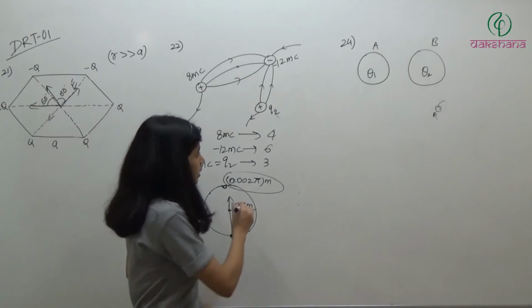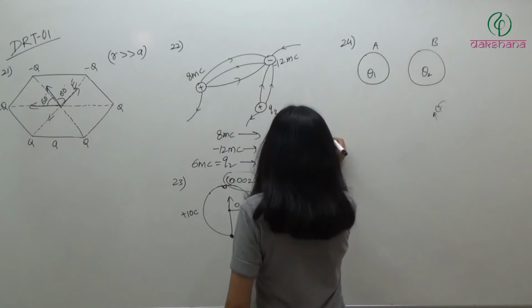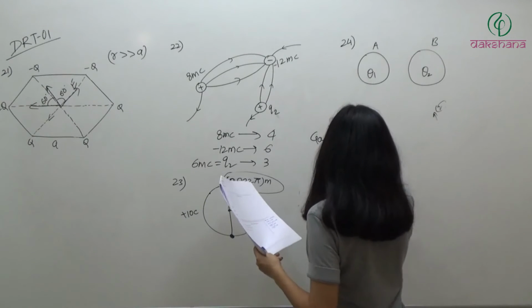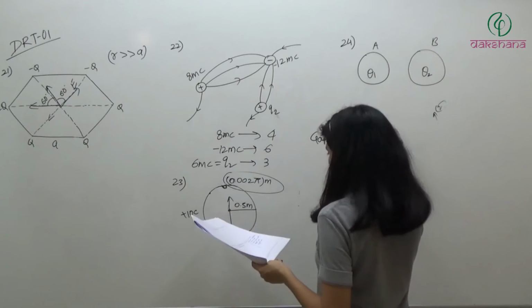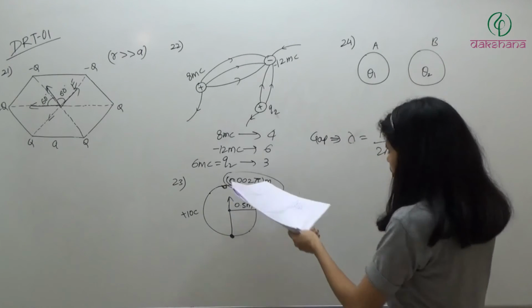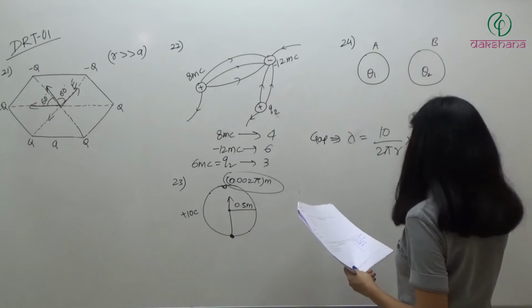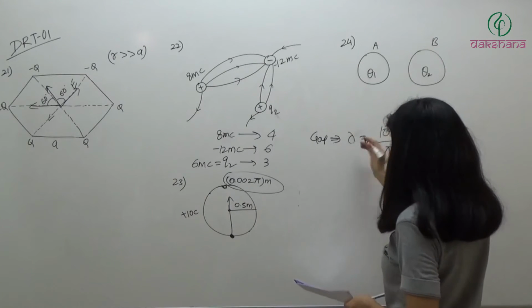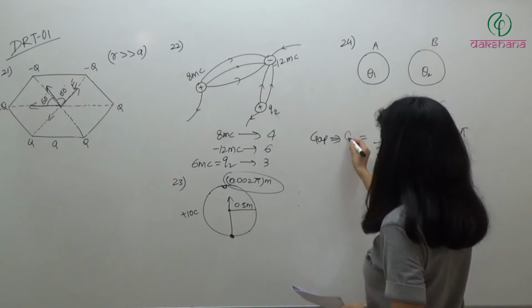So now, in this gap, the charge will be how much? We have the density lambda equal to 10 coulomb divided by 2 pi r, into 0.002 into pi, right? This is the density and this will be the charge in the gap.